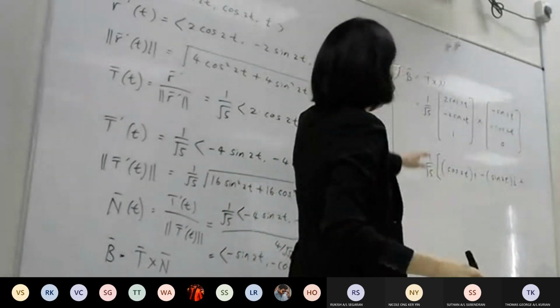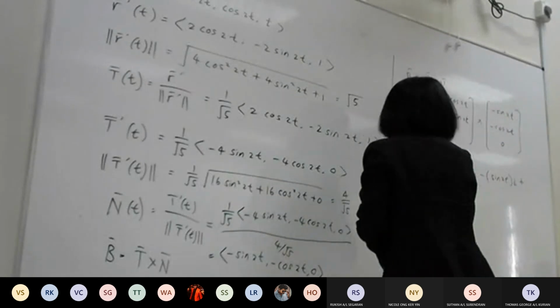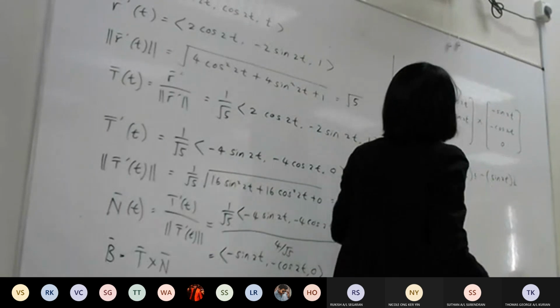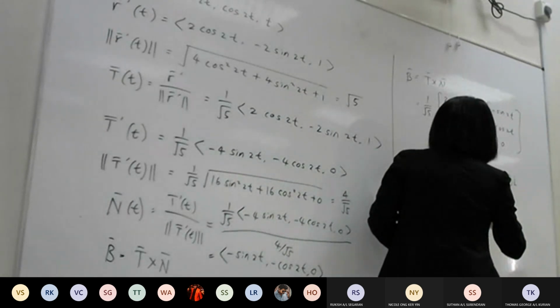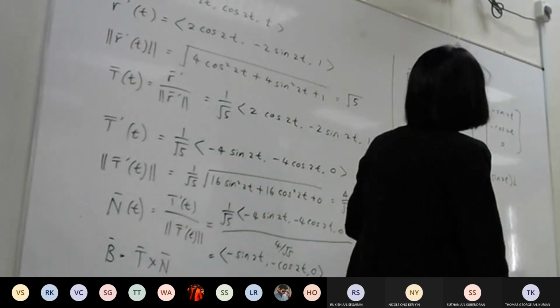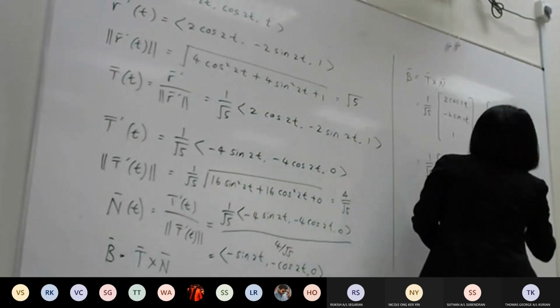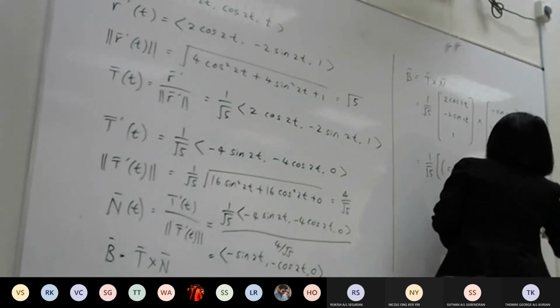For the last function, the last line, AB minus BC: AB is negative 2 cos squared 2t, minus BC, so minus 2 sine squared 2t.